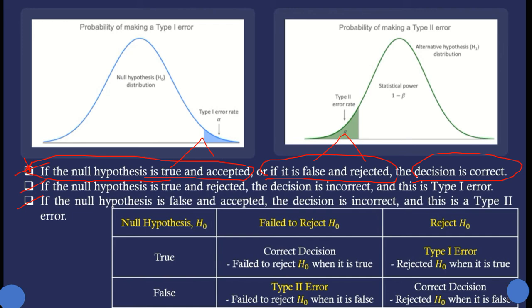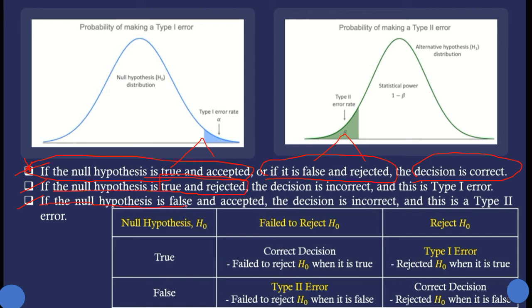Here in number 2, type 1: if the null hypothesis is true and rejected, you know it is true but you rejected it. Then the decision is incorrect. That is why we have type 1 and type 2 error. Type 1 is for alpha, type 2 is for beta. Again, if the null hypothesis is true and you still rejected it, then the decision is incorrect, or alpha. That is called alpha, type 1.